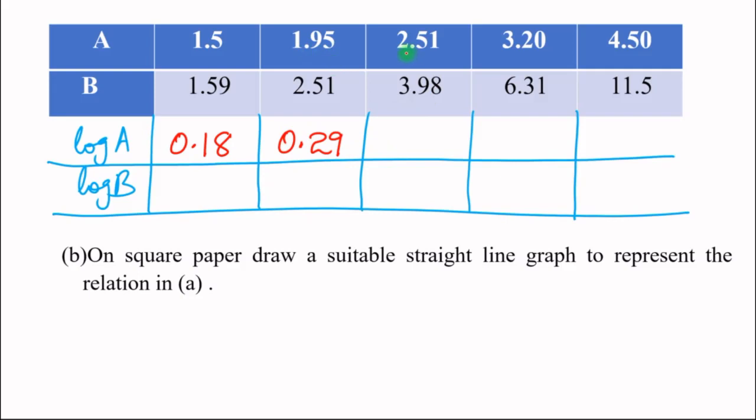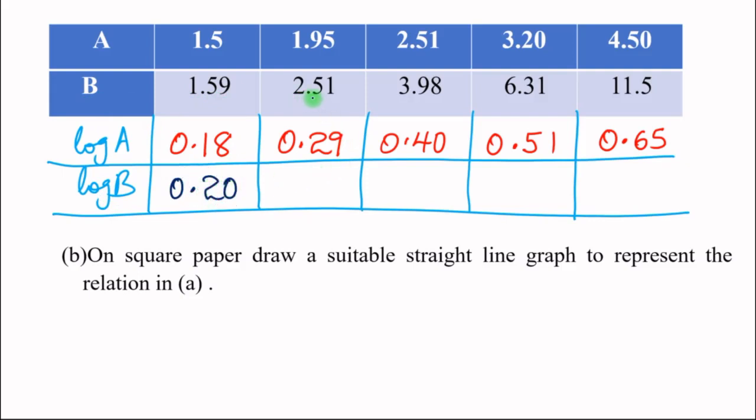Then log of 2.51 we get 0.40. Log of 3.20 we get 0.51. Then log of 4.50 we get 0.65. The other part, log of B, so log of 1.59 we get 0.20.